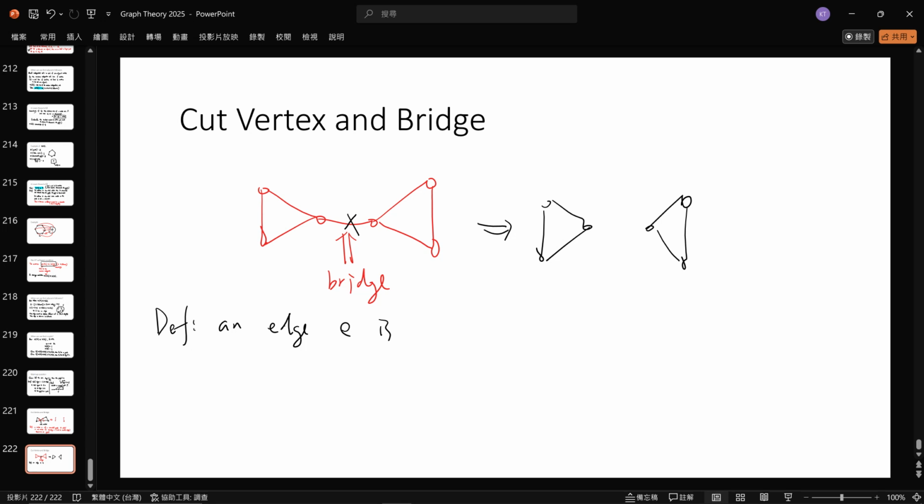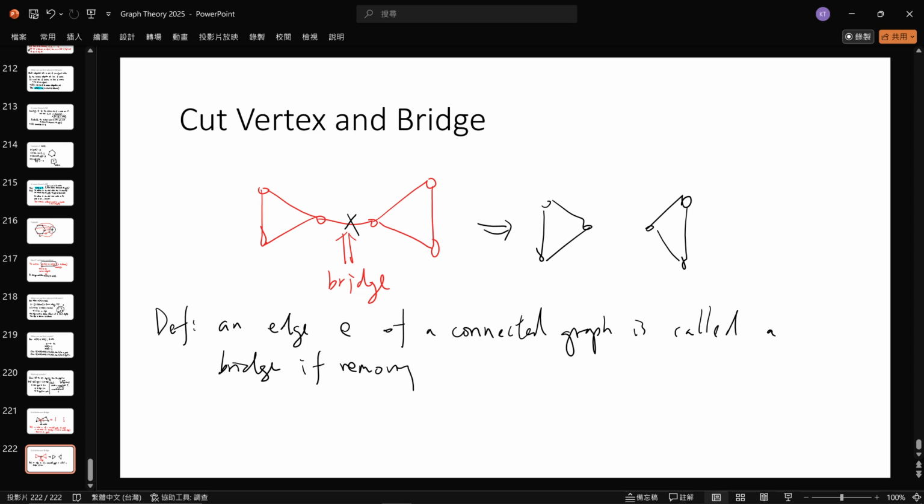So an edge of a connected graph is called a bridge if removing this edge disconnects the graph.